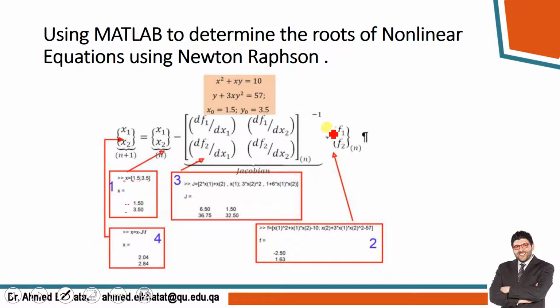Secondly, we can create the function f of x equals x(1) to the power 2 plus x(1) times x(2). Each equation takes the first value and the second value from x. Remember the semicolon here, because we want a vertical array, and we put the second equation as well.